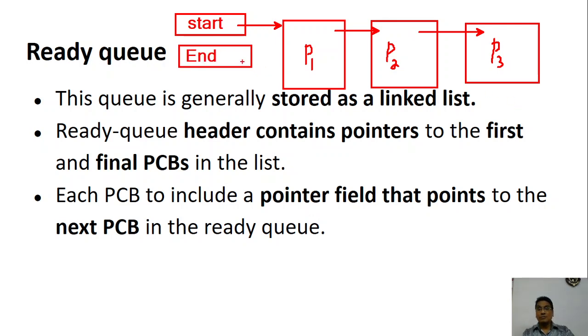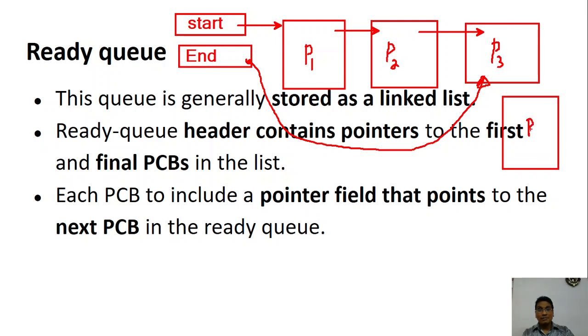Now you may ask, why is the end required? I am talking about a queue, and you know very well that if you want to place one more item in the queue, it will come at the end of the queue, not at the beginning. So I need the last pointer, which will point to the other element.